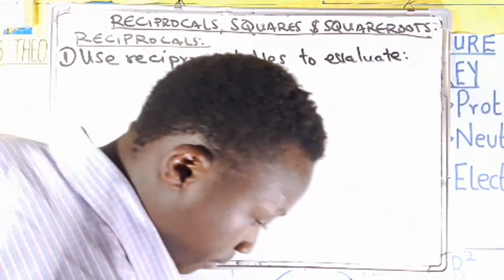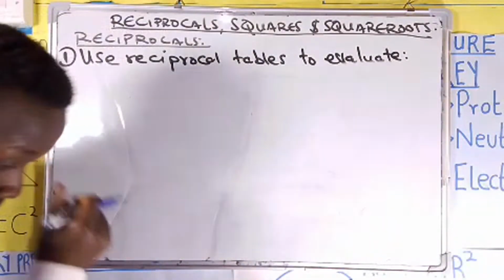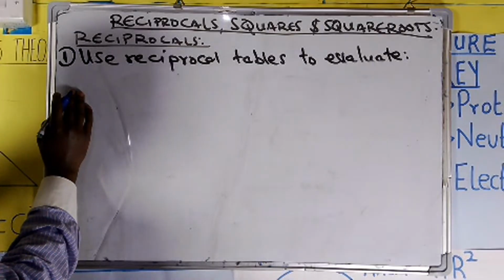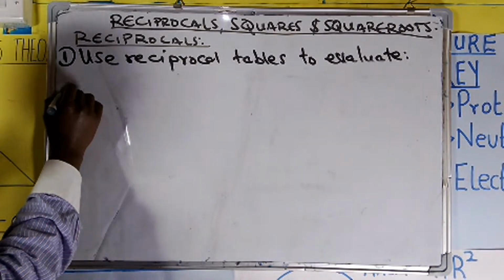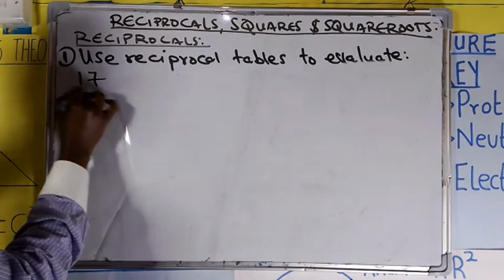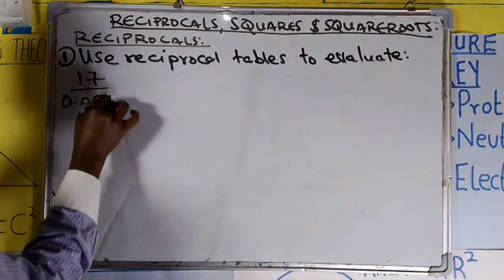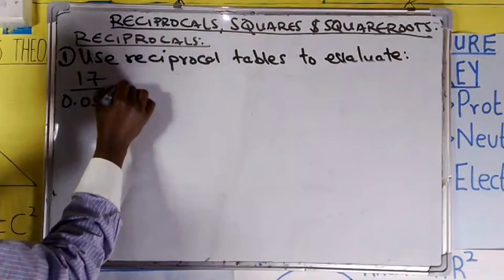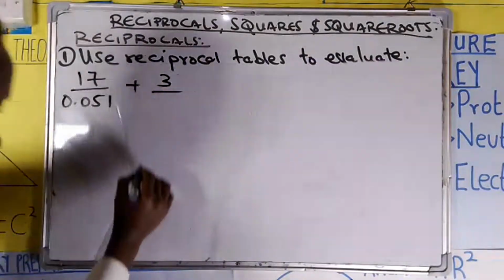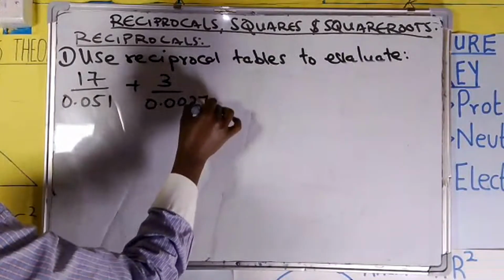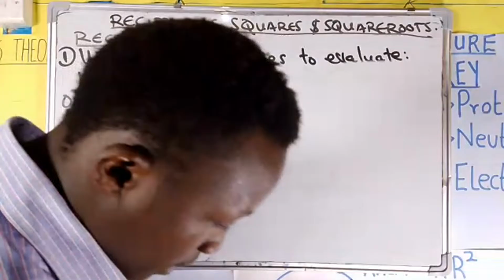Another example. 17 over 0.051 plus 3 over 0.0027.